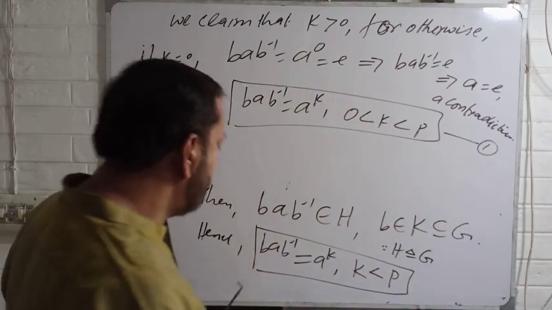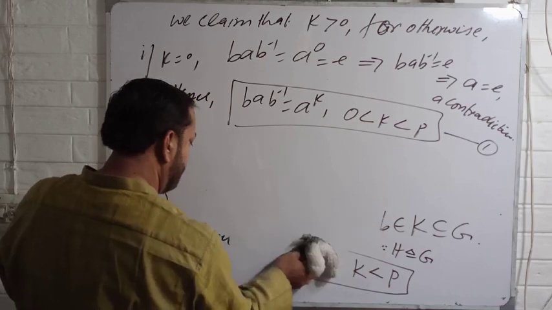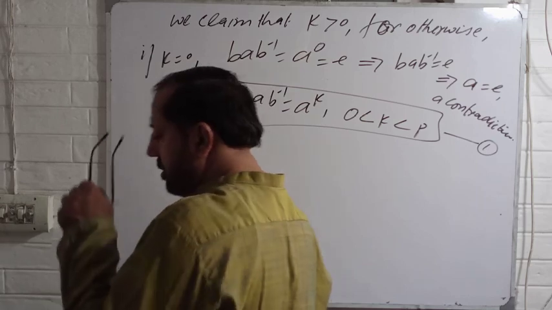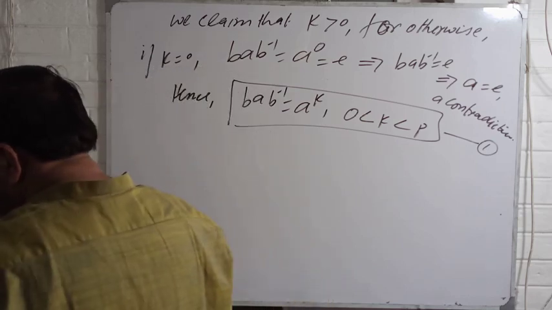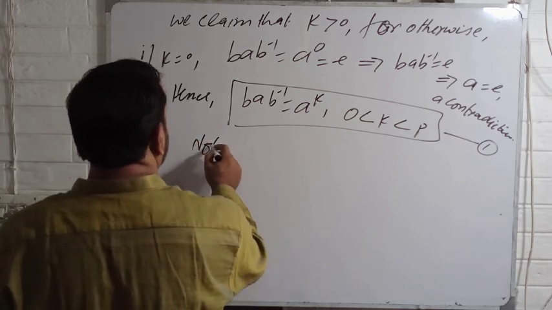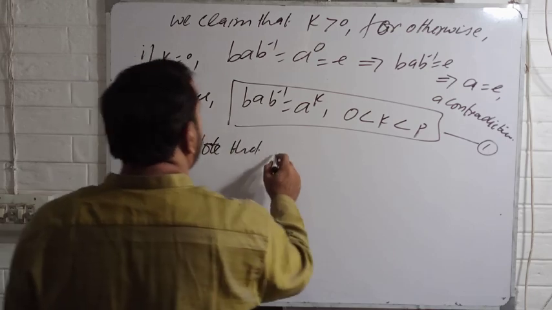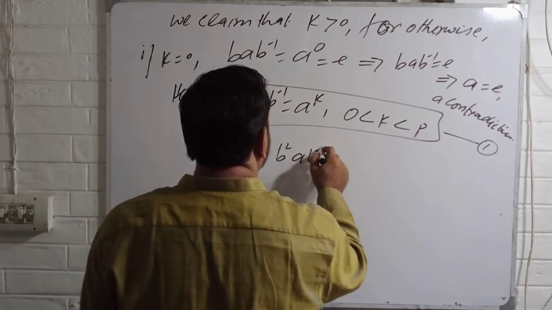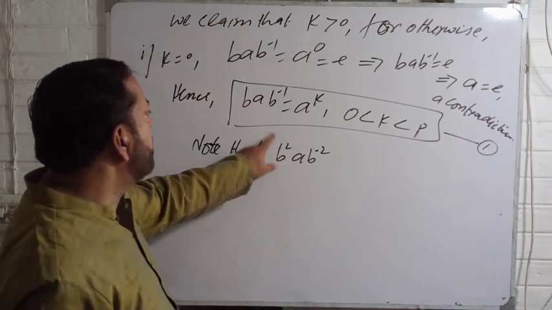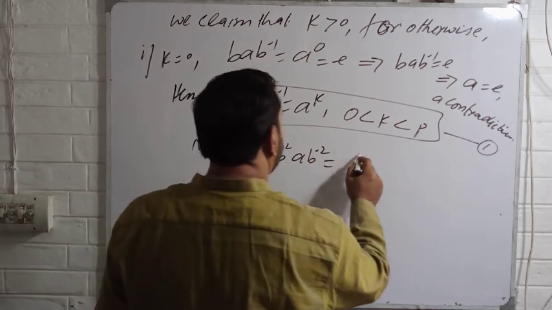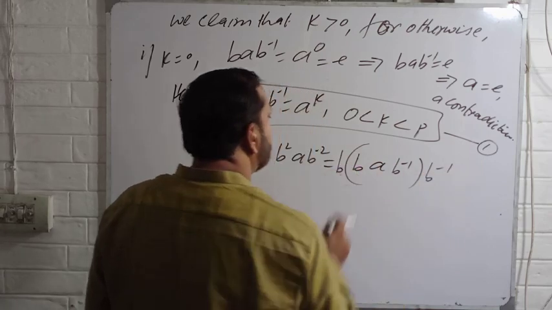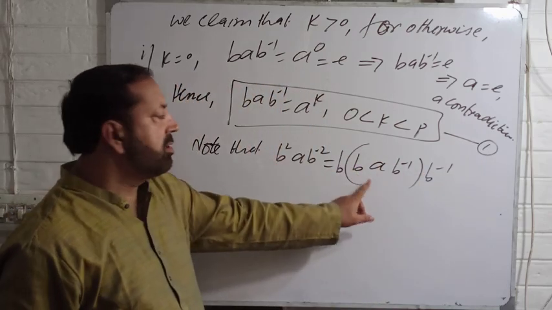Okay, now we will use this. Note that B square A B inverse power minus 2. Look at what will happen when you are taking B square instead of B. You can write this as B, B A B inverse, B inverse, and what is the inner part?